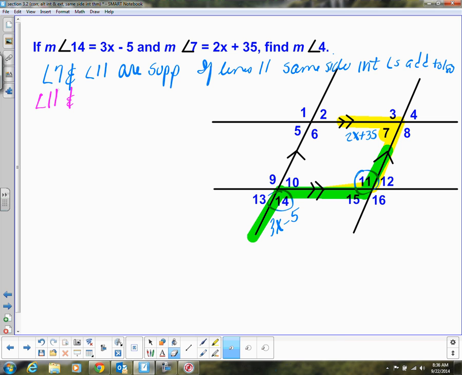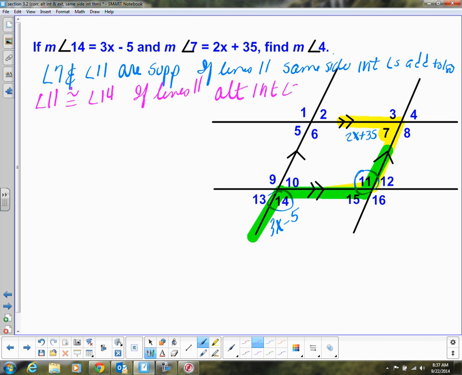So alternate interior angles are what? So if lines parallel, alternate interior angles congruent. All right, so we need a relationship between 14 and 7. So 11 is congruent to 14.